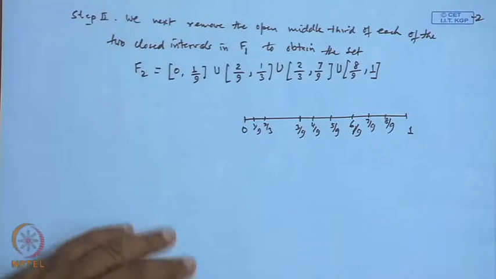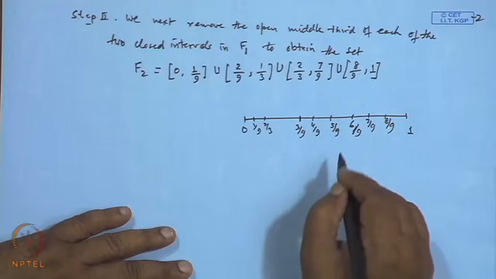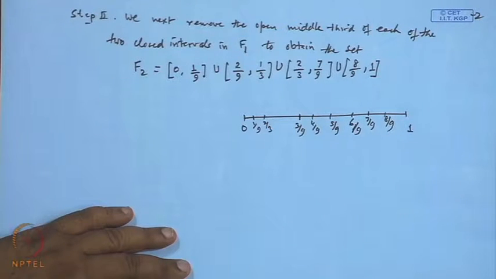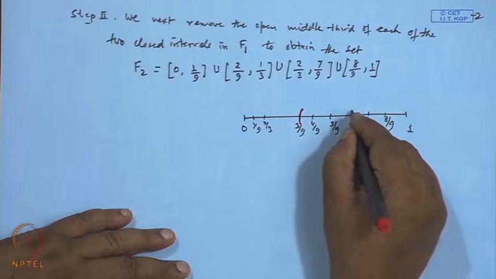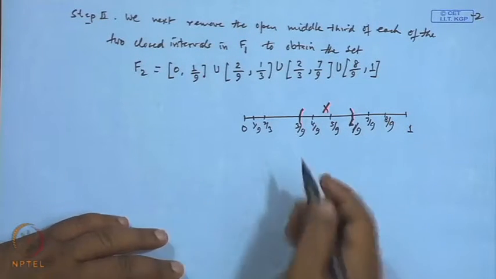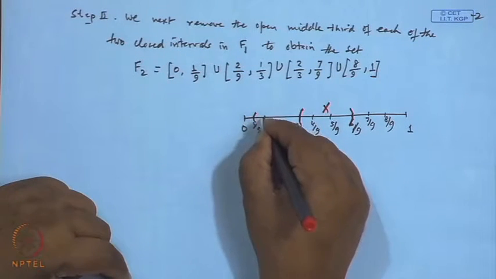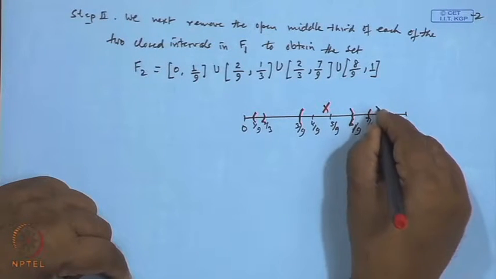Earlier we already removed (1/3, 2/3), and now from the remaining intervals we drop these portions.